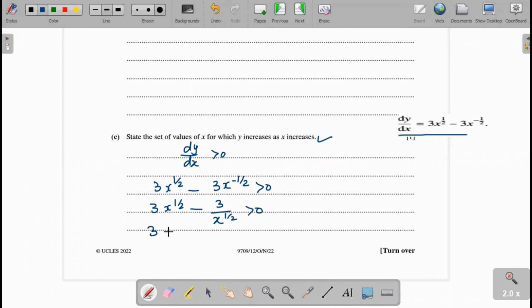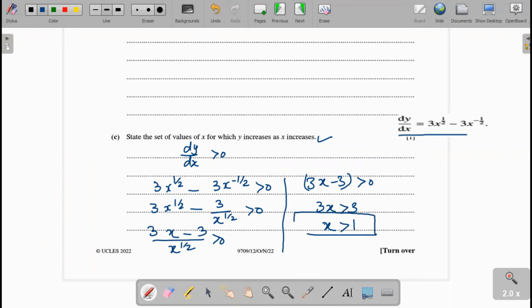That is 3x minus 3 over x power 1 over 2 greater than 0. Now 3x minus 3 is greater than 0, so 3x is greater than 3 and x is greater than 1. For these values, the function y increases. Okay, this is the answer.